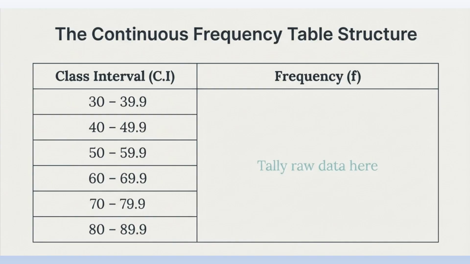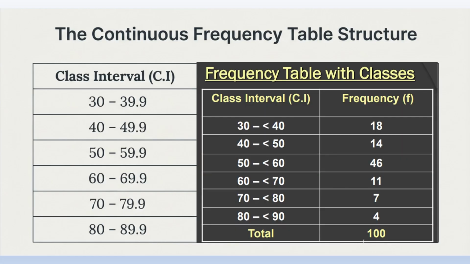The continuous frequency table constructs tally marks with these classes. Here, 30 to less than 40 and 40 to less than 50. The frequency is 18 in the first class, in the second class 42, less than 50 class is 14, and so on. In the last class the frequency is 4 and the total number of observations is 100.